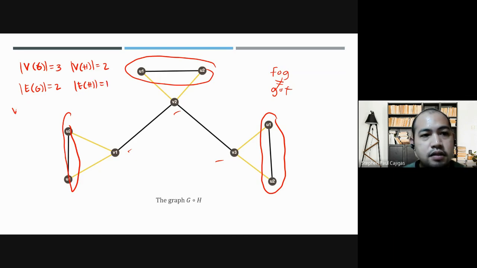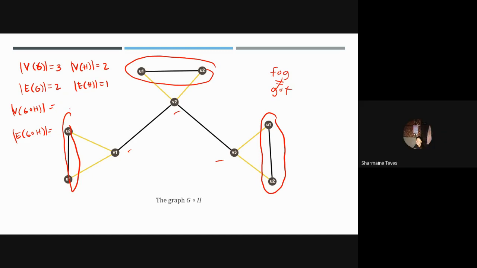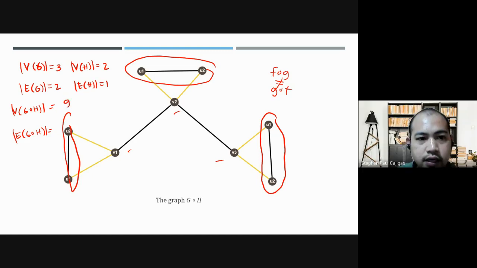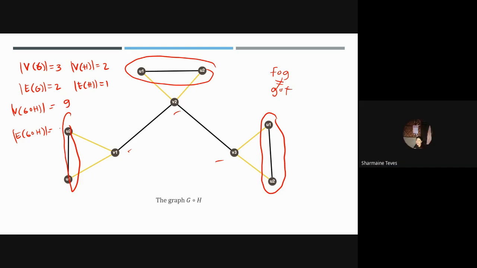So what is G circle H number of vertices? And then number of edges of G circle H. 9, sir. And then for the edges, 11.